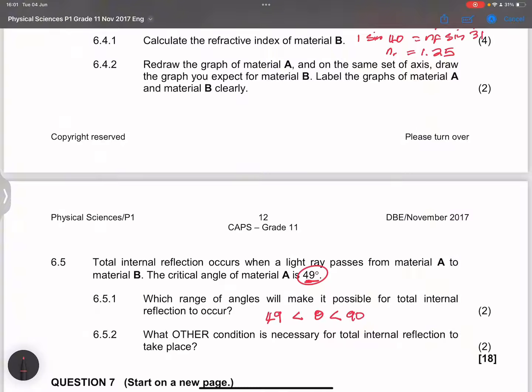Right, and now they ask what other condition is necessary for total internal reflection to take place.